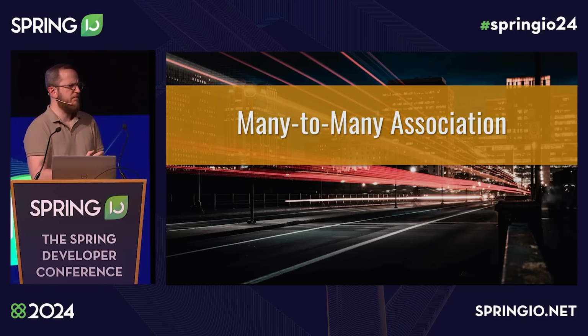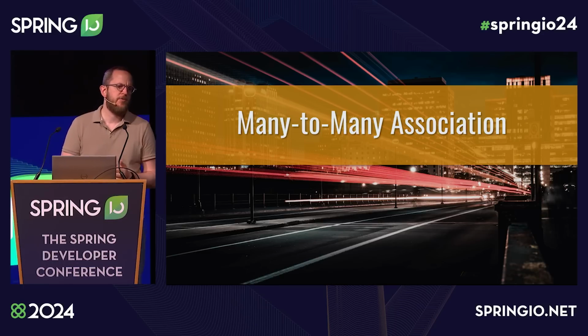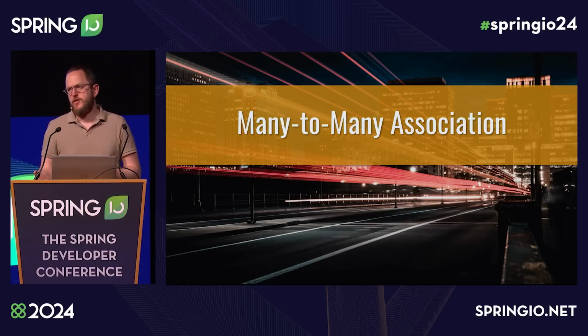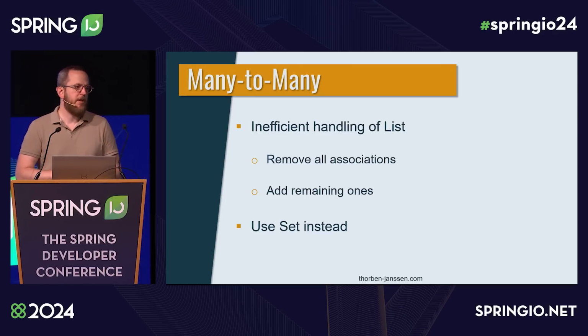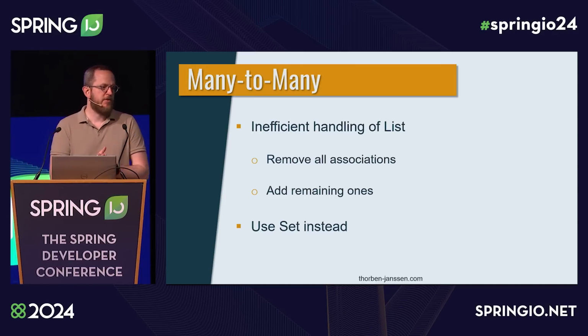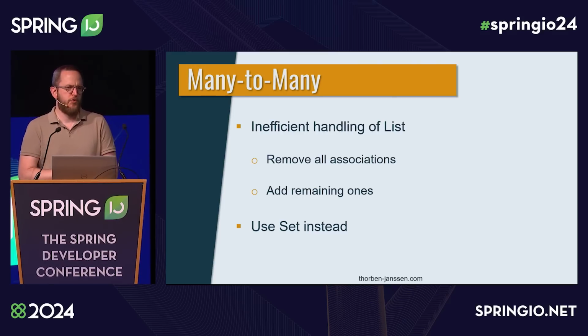What else should we know? Well, I already mentioned that you should model to-many associations as sets if you want to be able to join fetch multiple of them. That's especially important for many-to-many associations if you're using Hibernate with Spring Data JPA, because there is something in Hibernate that is a little bit surprising.